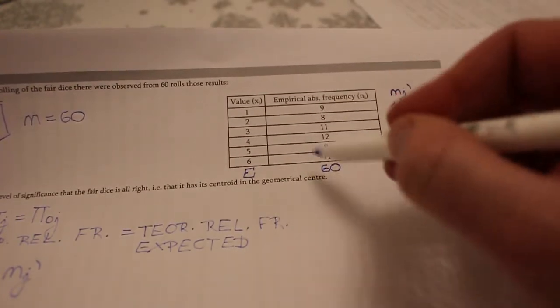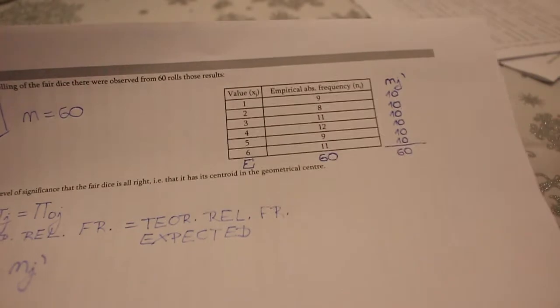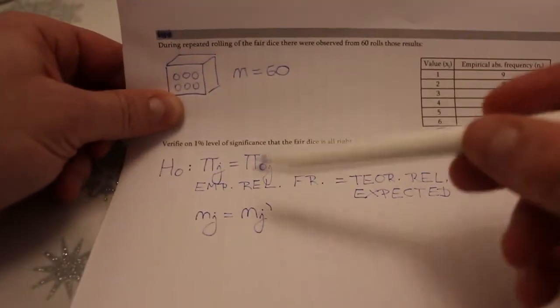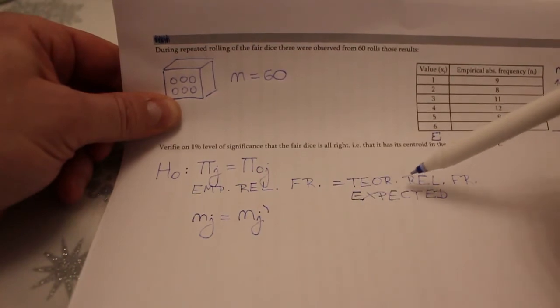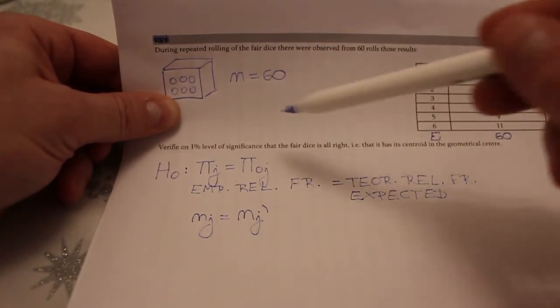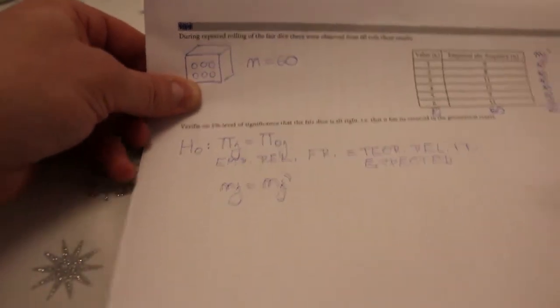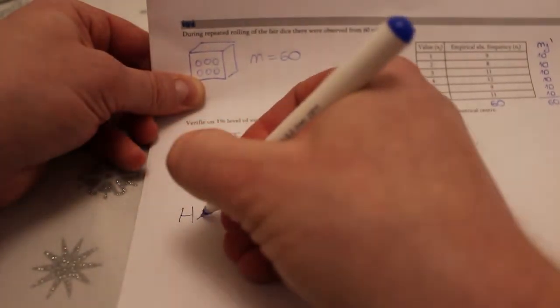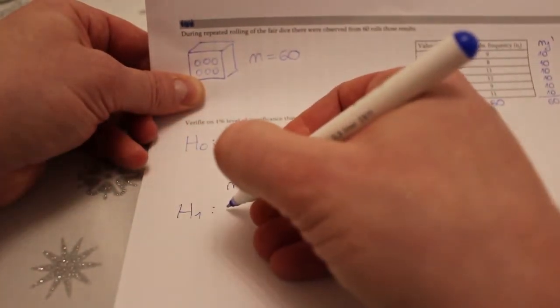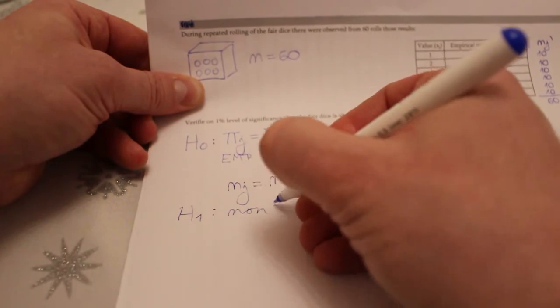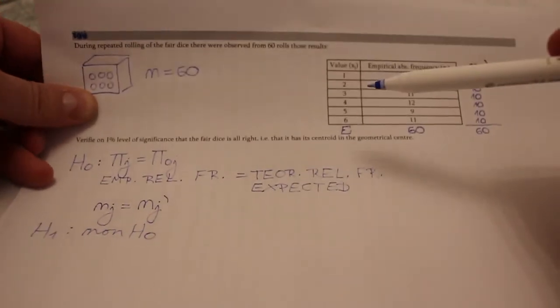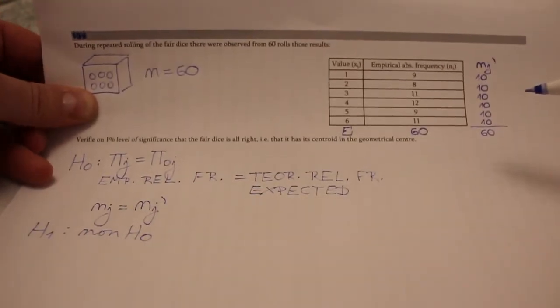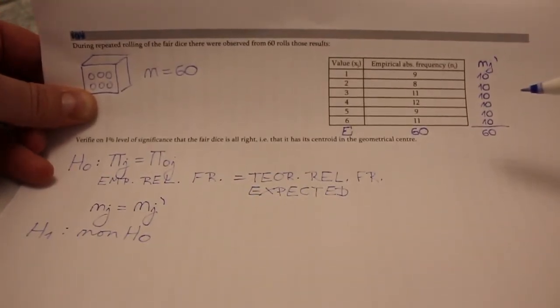Chi-square goodness of fit test. It means that empirical frequencies are equal to expected frequencies. And alternative hypothesis, H1, claims non-H0. At least in one situation, at least at one position, it is not true.